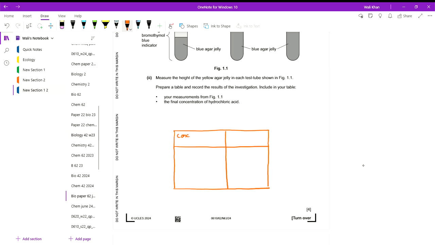Concentration, mole per dm³, and this is height in mm. So write down the concentration.